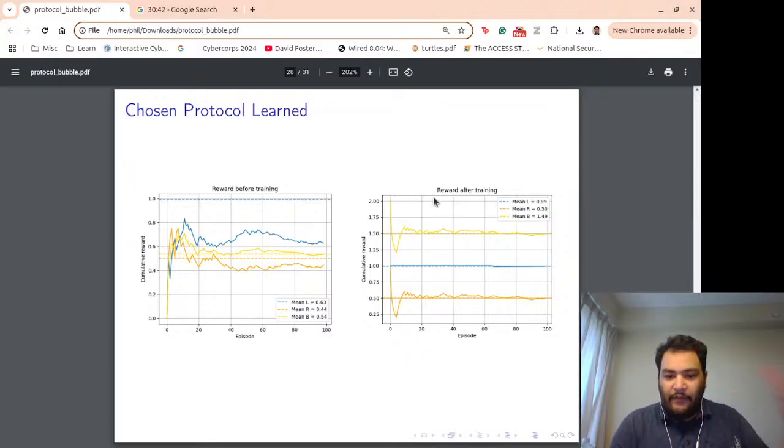And then after training, I have this interesting phenomenon that one of the instances, this orange one, is seeing that it guessed correctly around 50% of the time.